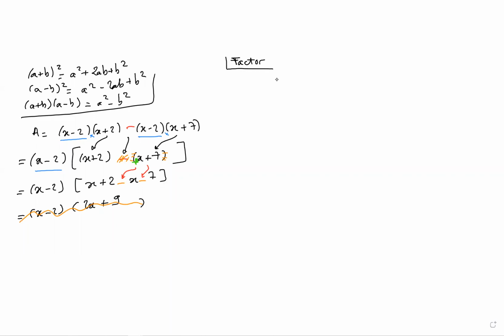Okay, now, if I want to factor b, and b is, say, x minus 3 squared minus 2x plus 3 times x minus 3. You can only see your common factor if you write the factors down. So this is x minus 3 times x minus 3. And if you don't write it, you won't see what your common factor is.